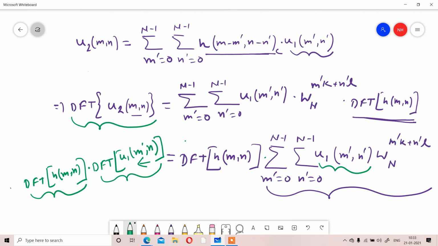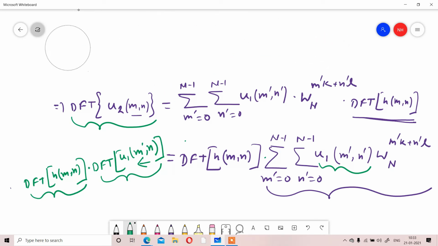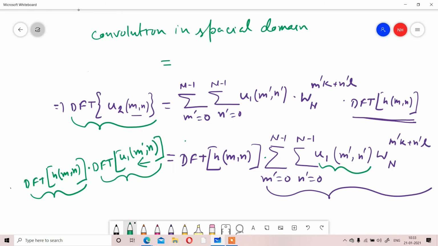Means what? Convolution in the spatial domain is equal to multiplication in the frequency domain.